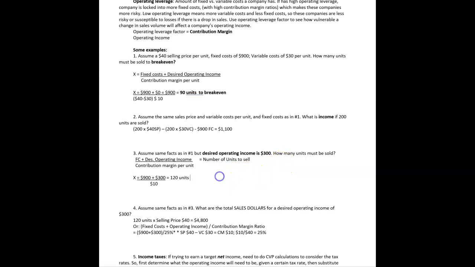Let's say if we do it over here, we can say fixed cost plus desired operating income, divided by CM per unit, will give us units.